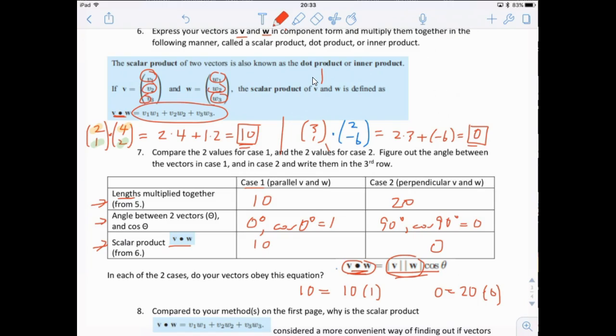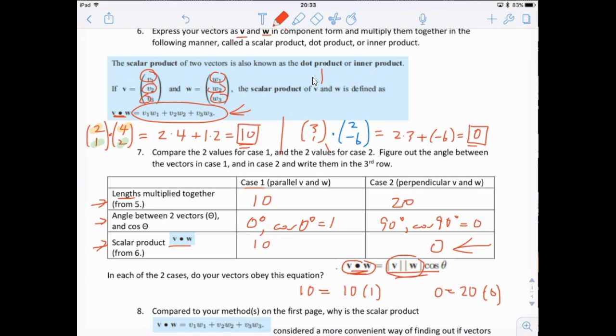Guess what the scalar product is if the angle between the two vectors is 90 degrees, or perpendicular? It's always 0. Okay? So that's pretty cool, with third grade arithmetic, multiplication and addition, we can easily figure out if 3-dimensional vectors, 4-dimensional vectors, 5-dimensional vectors, any dimensional vectors are perpendicular or not.